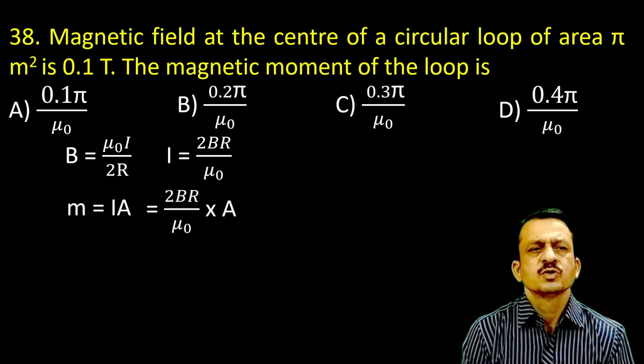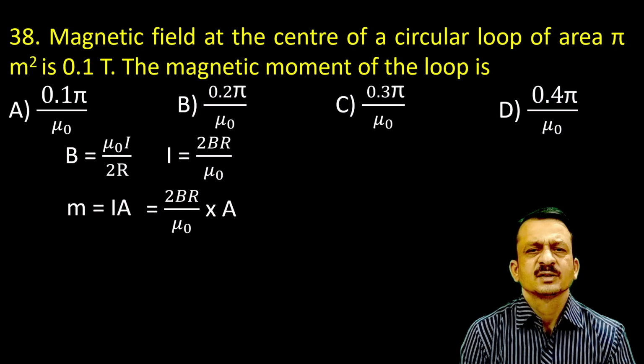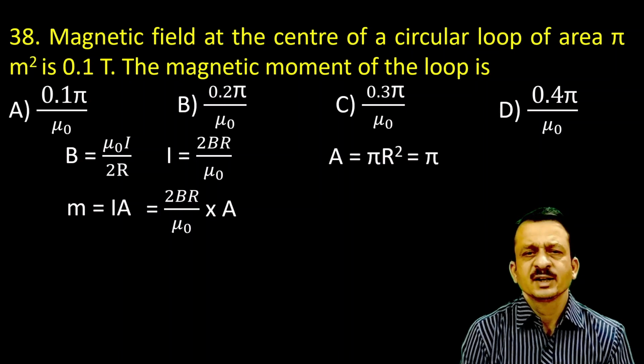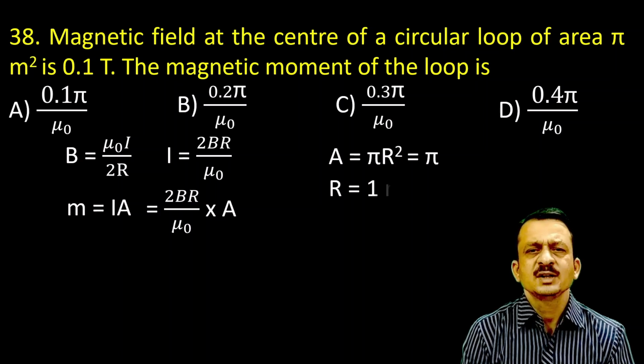Now, substitute for I, that is 2Br divided by mu naught. And the area is pi r square. Or simply, the area is given, the value is pi meter square. From the area, we have to calculate the radius, that is pi r square is equal to pi. Now pi gets cancelled, therefore r square is equal to 1, therefore r is equal to 1 meter.